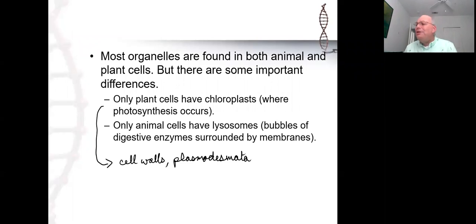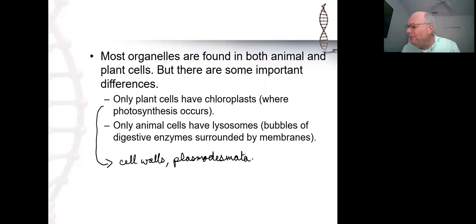So here are 3 differences that we would expect to find in plant cells. They're going to have chloroplasts. They're going to have cell walls, something that animal cells most definitely do not have. They're going to have plasmodesmata as communicating channels between plant cells. These are holes in the cell walls.